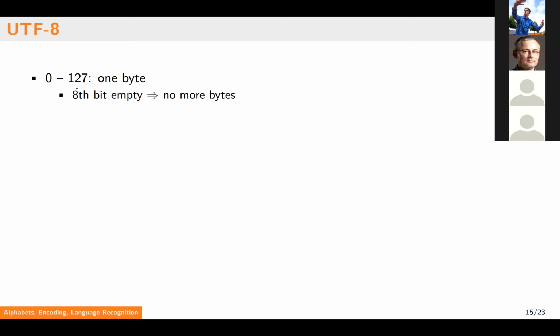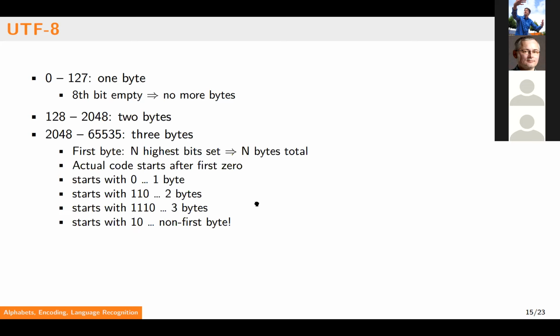You don't need more bytes for that character. So the entire English alphabet can fit in this, for instance, and some of the old ASCII punctuation symbols as well. For higher code points like 128 to 2000 something, you need 2 bytes. From 2048 to 65,000, you need 3 bytes. And for the additional blocks, you need more than that.